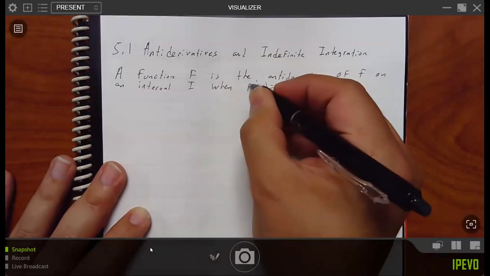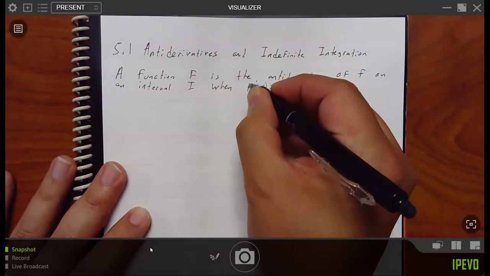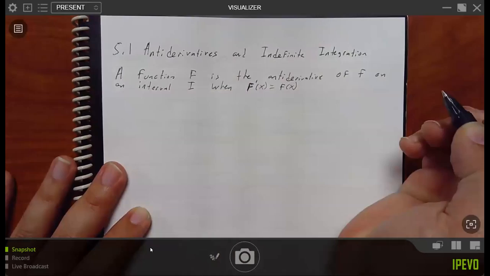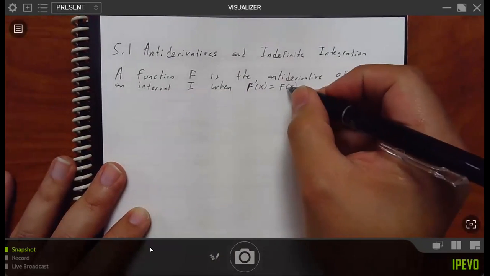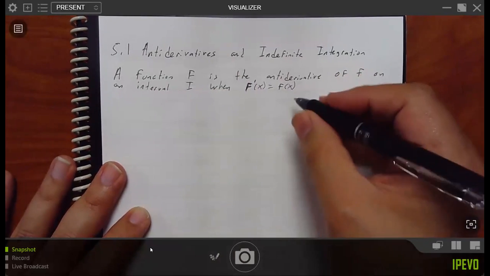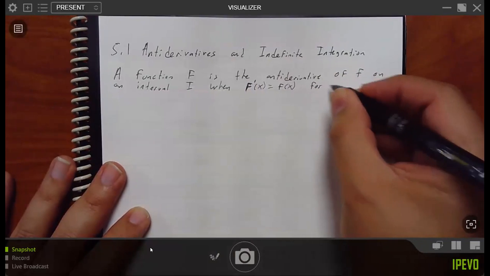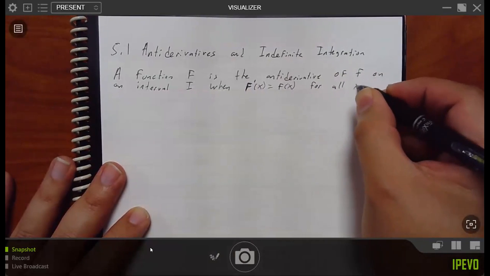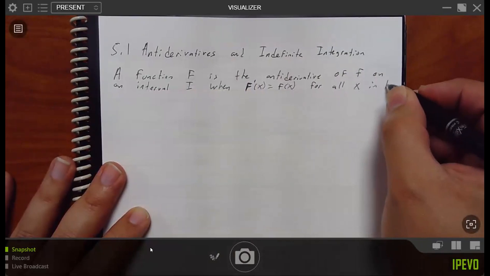Let me write that a little better. That should be a capital F, and this is a lowercase f here, for all x in I.